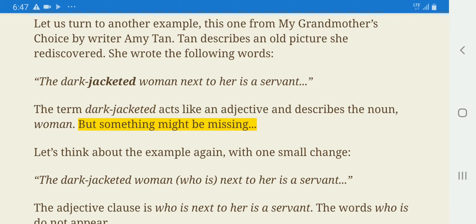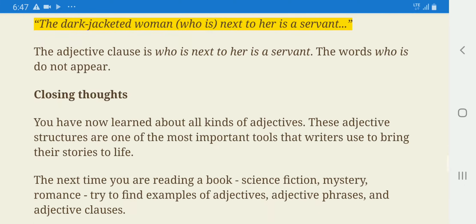But something might be missing. Let's think about the example again, with one small change. The dark-jacketed woman who is next to her is a servant. The adjective clause is who is next to her. The words who is do not appear.